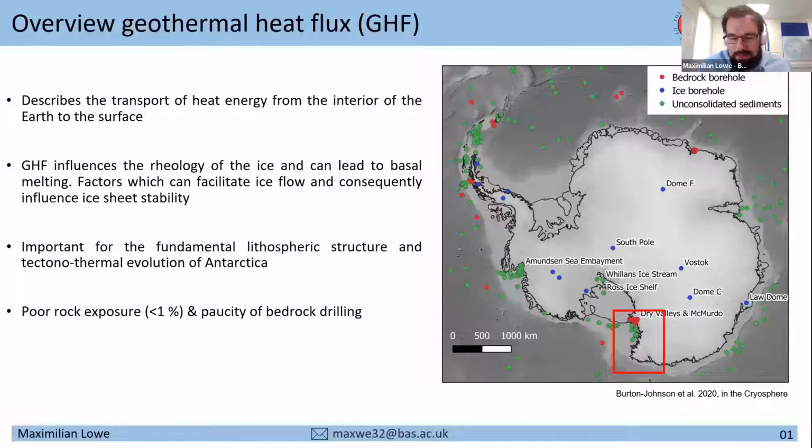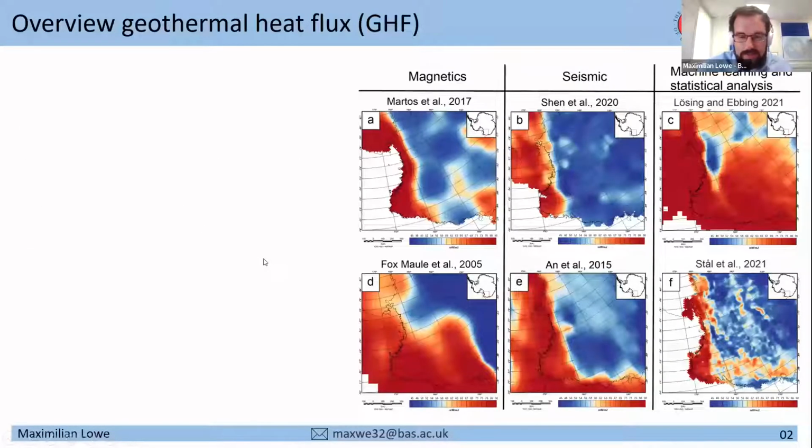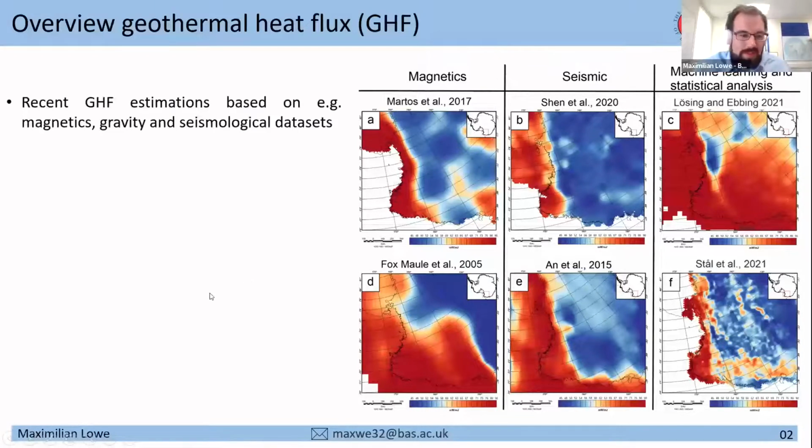So what can we do if we cannot measure geothermal heat flux directly? We can use geophysics to infer geothermal heat flux, and recent geothermal heat flux models have used magnetic, gravity, and seismological data.